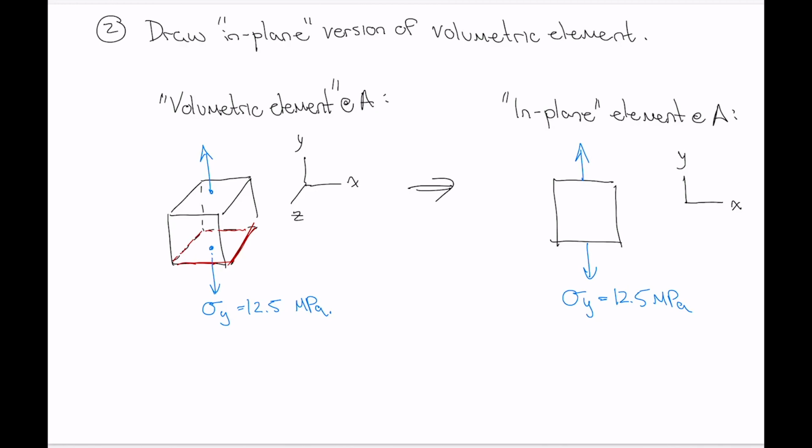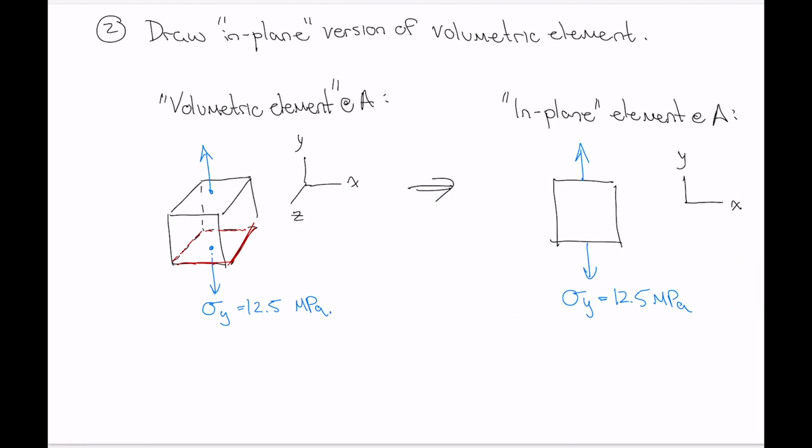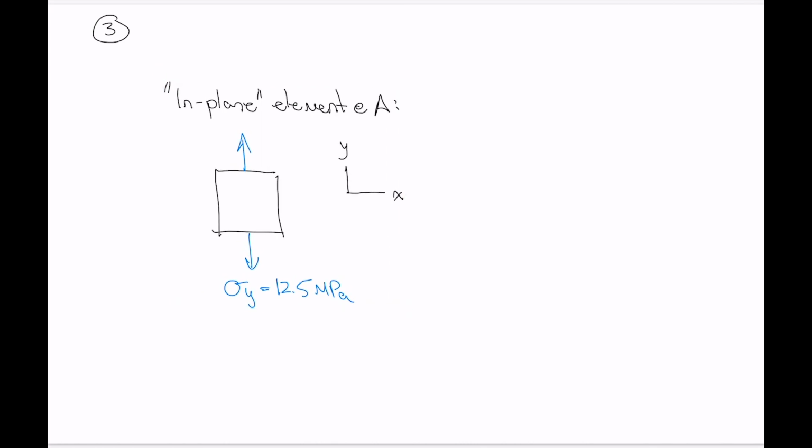So I'm going to, again, just copy our in-plane element, and maybe I'll even take the name with me. There we go. And we'll come over here. Now we're looking at step 3. Step 3 is to calculate what the average normal stress is that exists on the in-plane element.